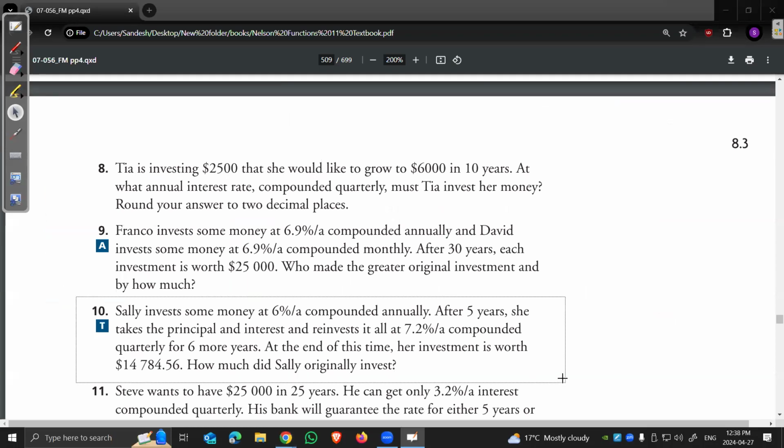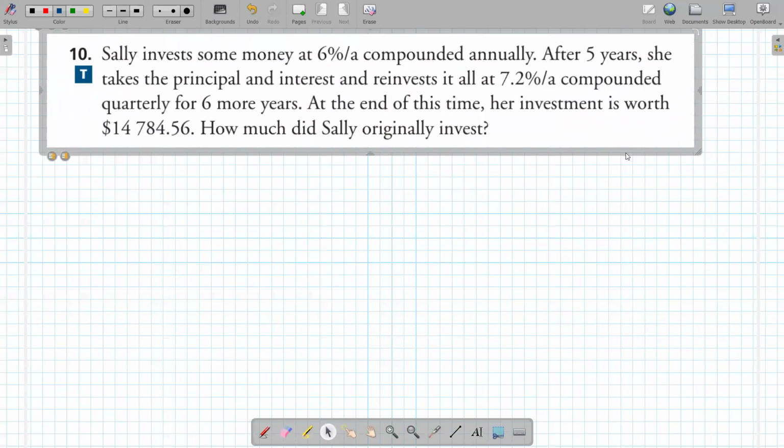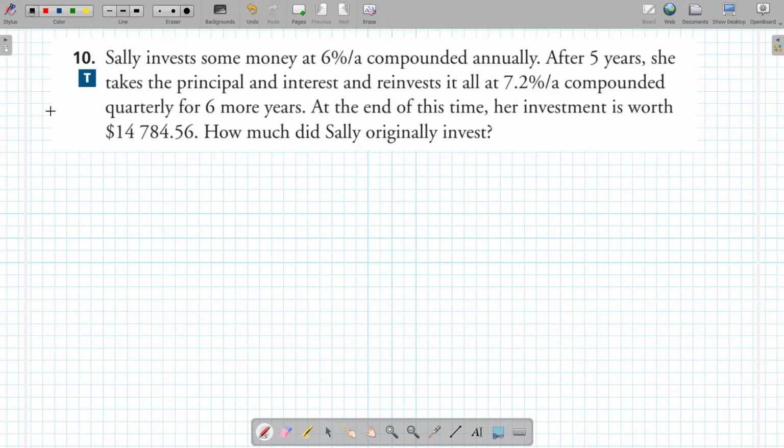Let's try this one. This one's again similar, but it's slightly easier because instead of subtracting 5,000, we have our final investment. So again, who's this? Sally. At time 0, she invested some money, P, at 6% per annum for 5 years.